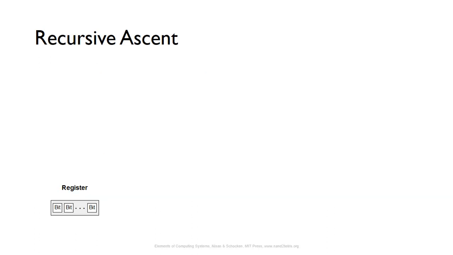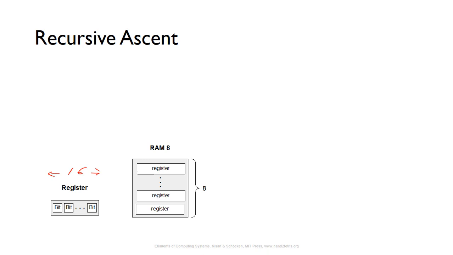It's actually very easy to build, because you might look at that previous table and think, oh, I've got to connect up 16,000 registers, which you don't. You just use this principle of recursive ascent. We can start with a register, which is 16 bits wide. You can combine 8 of these together to give you the RAM 8 block.